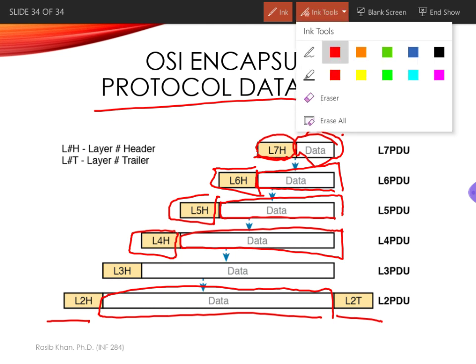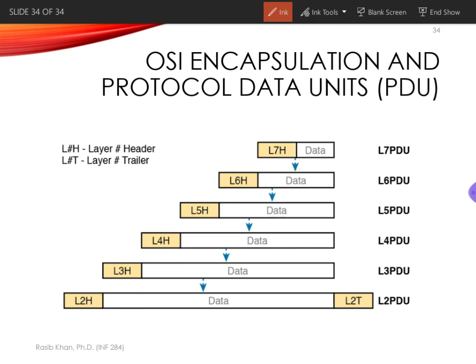So if you are going down, you are encapsulating the protocol data units. If you're going up, you are de-encapsulating the protocol data units so that each of these layers can interpret what it requires.